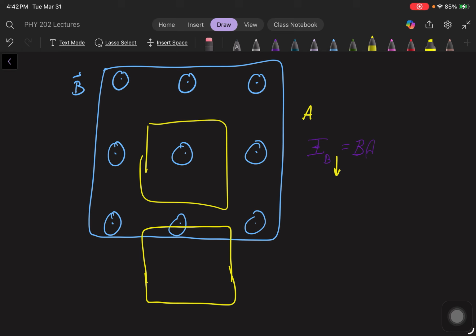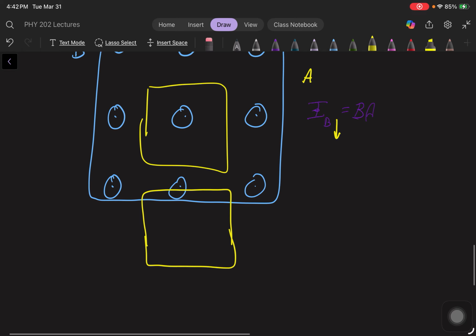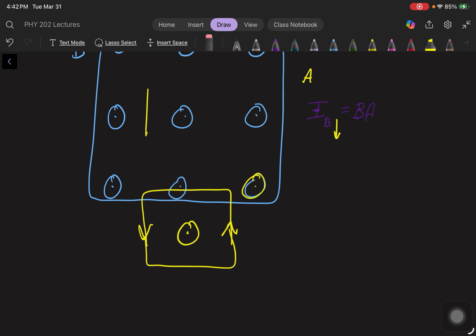So this is going to decrease. And so what we're going to want to do is create a current that is going to create a magnetic field coming out of the loop because we lost a bunch of flux coming out of the board. And so if we want to make a magnetic field coming out of the board, we would have a current that's going counterclockwise.